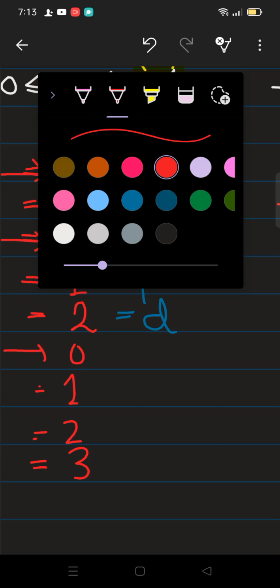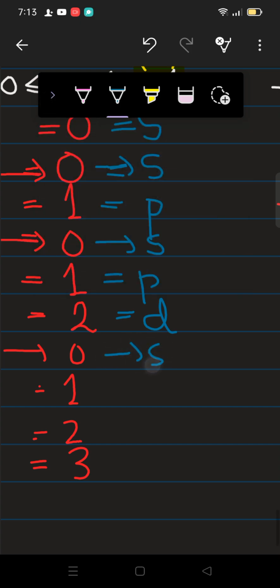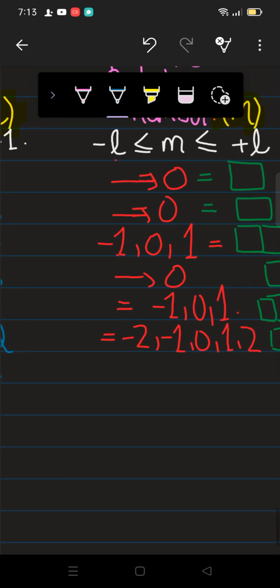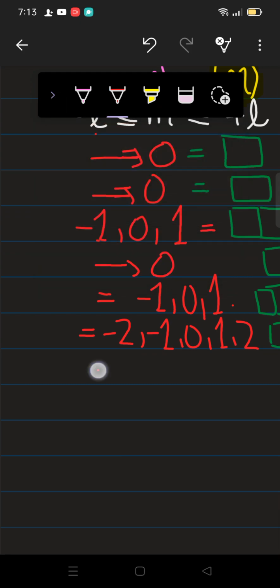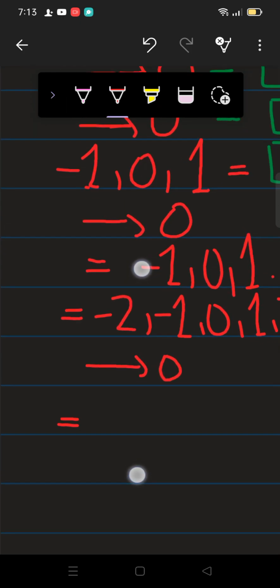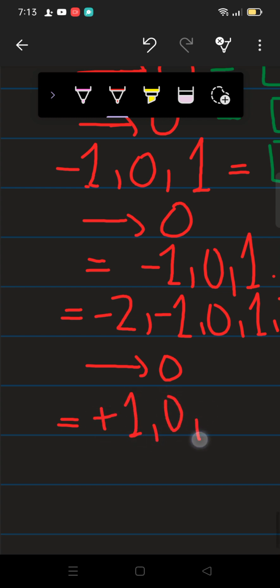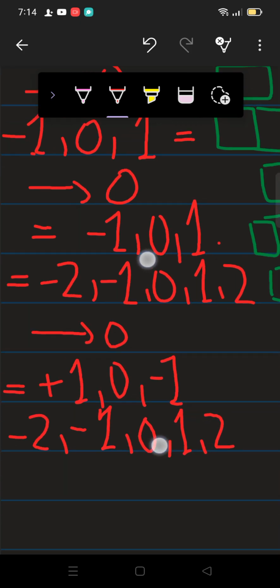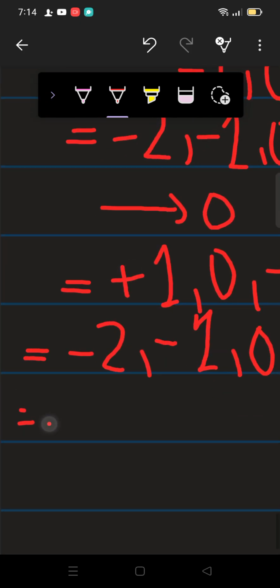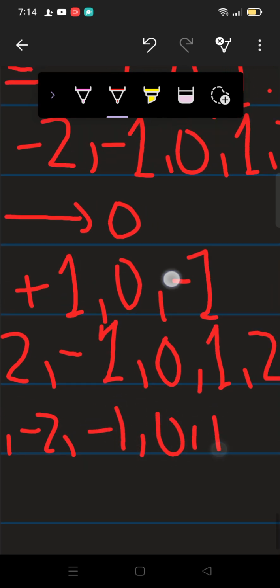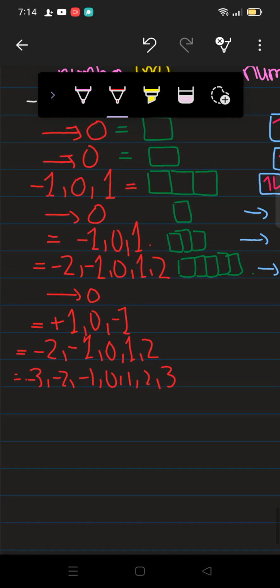So here we are gonna have S, P, D, F. In S there is 0; P has +1, 0, -1; D has -2, -1, 0, 1, 2; and in F we have -3, -2, -1, 0, 1, 2, and 3. Means 1, 2, 3, 4, 5, 6, 7.